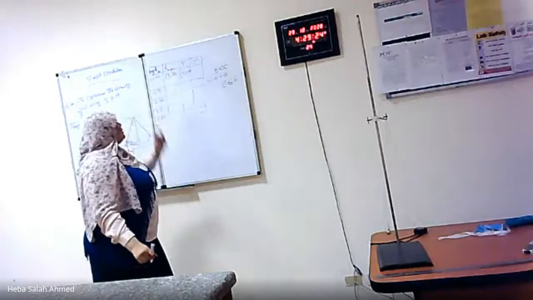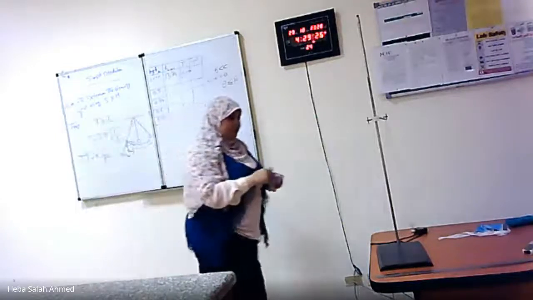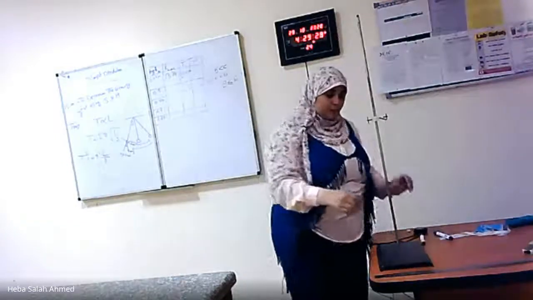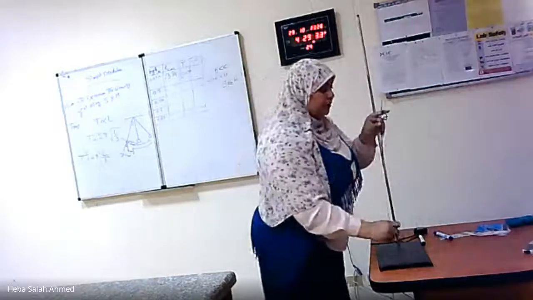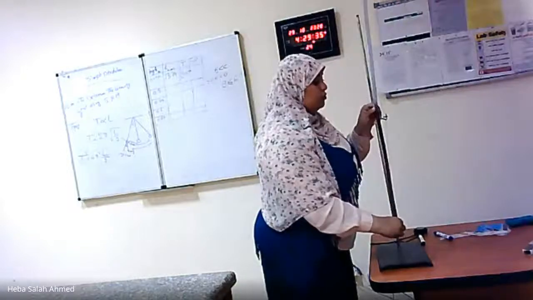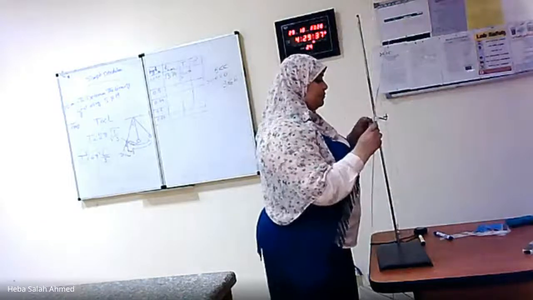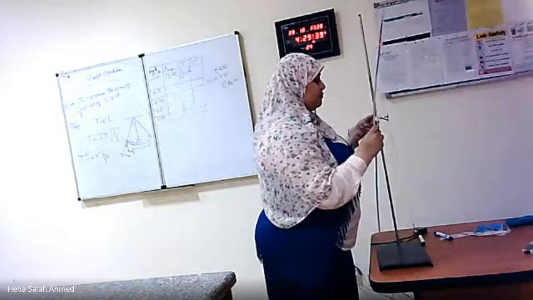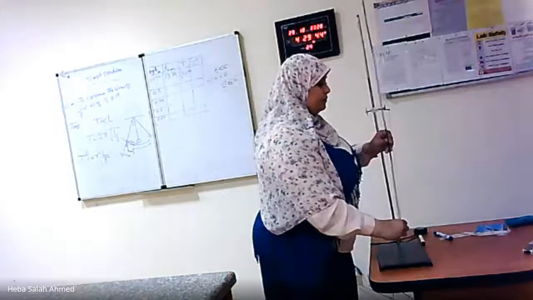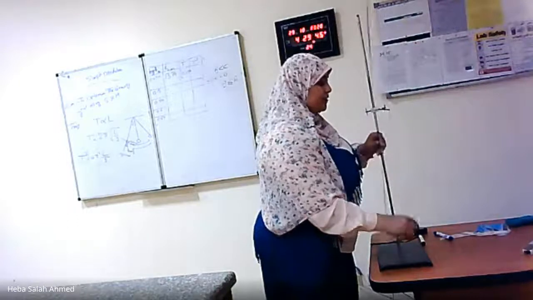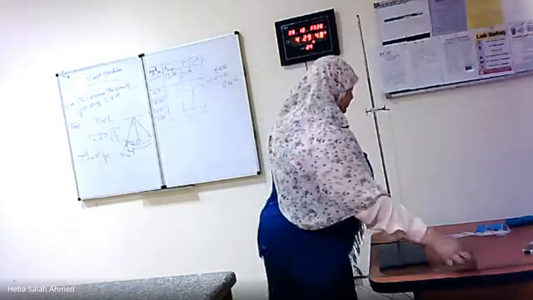We need to repeat this for 0.5. I'm going to have the ruler. I need to start over here. Let's see. Yes, it's 50. Okay.